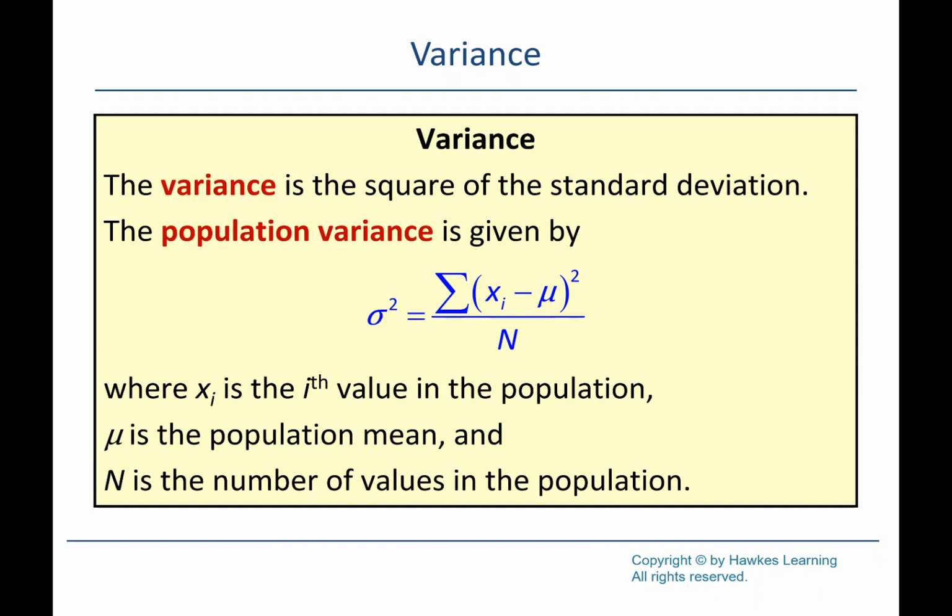So variance is actually a little more intuitive in some sense, because if we look at our definition, we can think about it as the average distance of the data from the mean. Here we say how far is each data value from the mean and divide by how many we have.